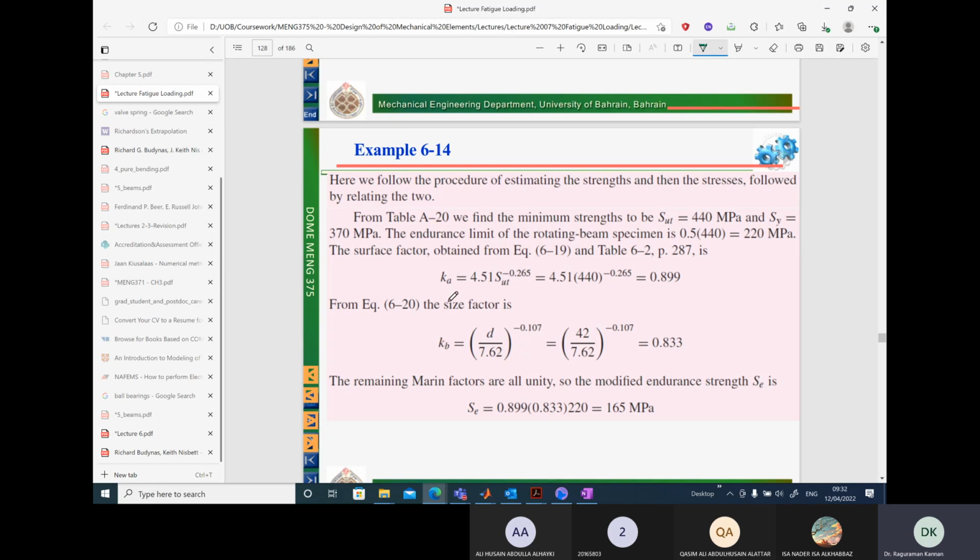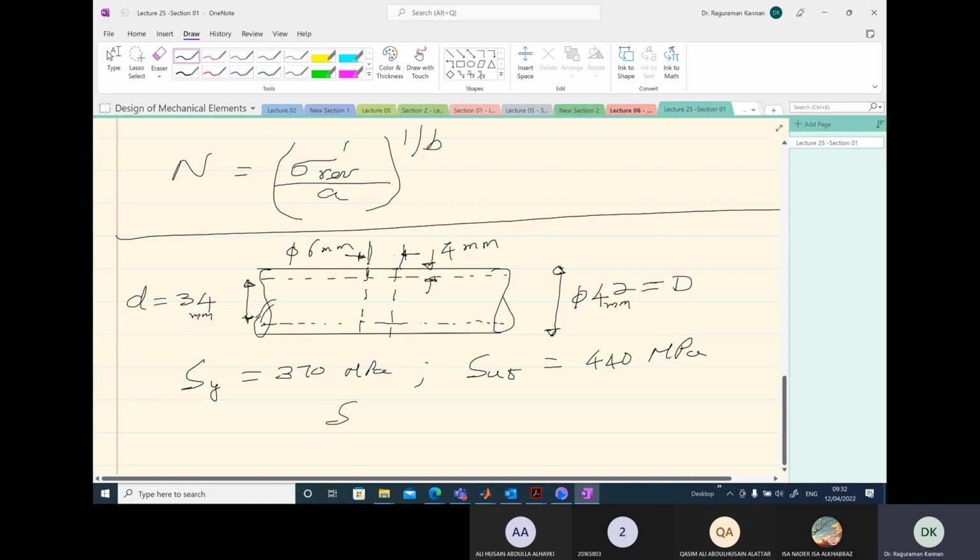Then we will have to also extract, get the values of Ka, Kb, etc. Okay, we are using the 42 mm diameter value to calculate the Kb here, and we get the values, and then we estimate SE to be 165. I'm going to directly use that.